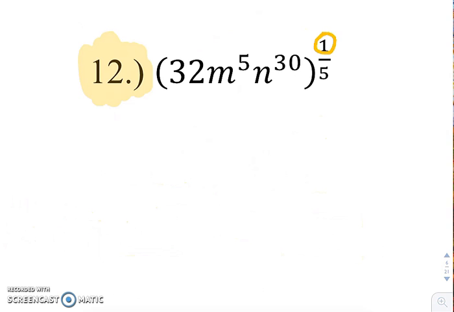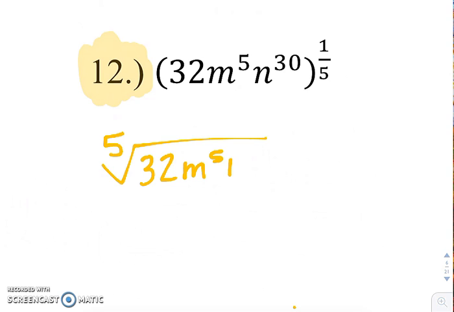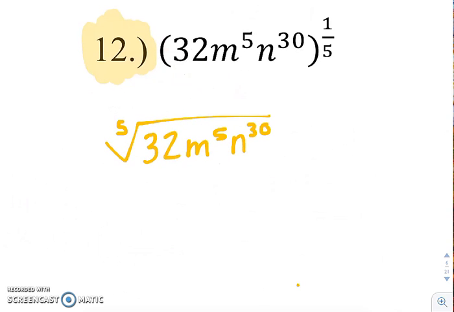Because if it's to the first power, it's almost like that power isn't there, but we can do the 5th root of everything. And now it's like the examples we just did, where you're going to find the 5th root of everything. So the 5th root of 32 is 2.